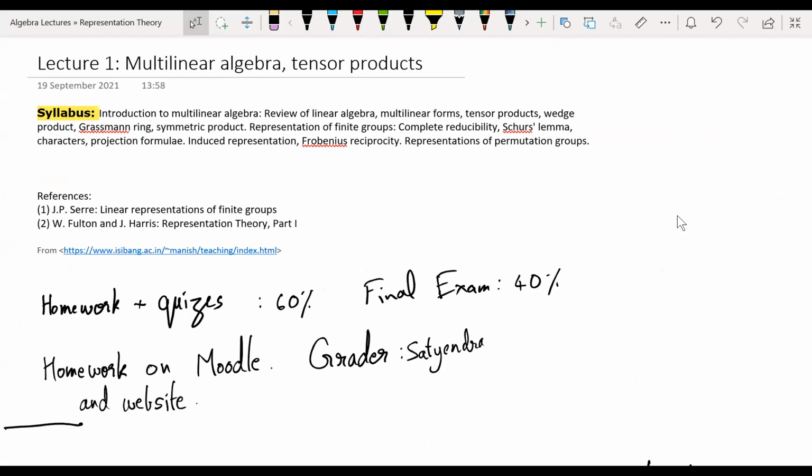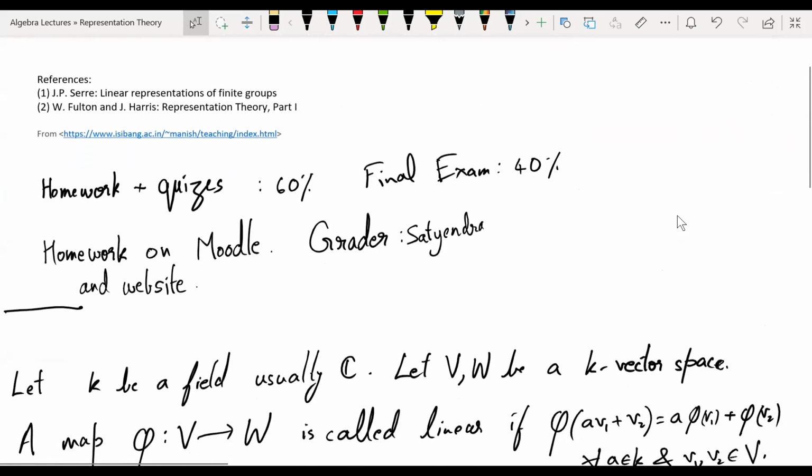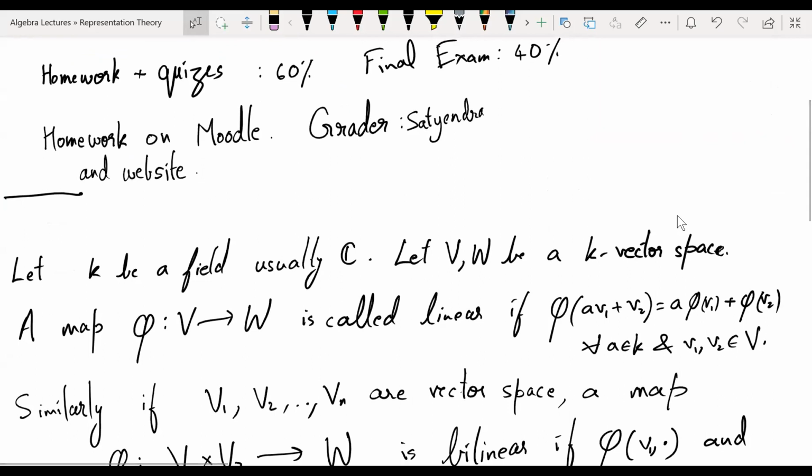So we'll begin with multilinear algebra, but maybe with less fixed notation about our vector spaces and so on. So let K be a field. Usually we will think of it as C, the complex numbers. Many of the definitions, all the definitions, will work over an arbitrary field, but some of the results will work only on C, or you would need at least a characteristic zero field.